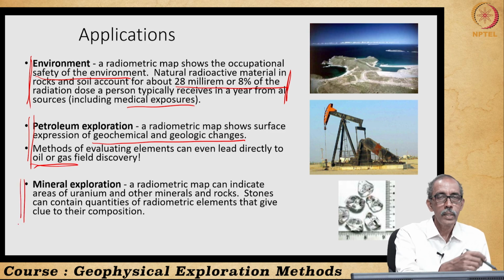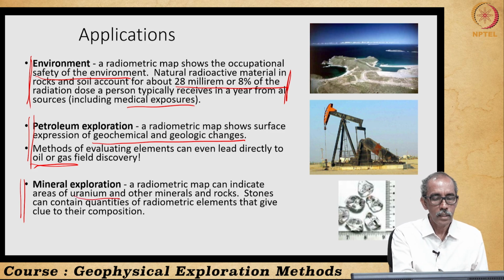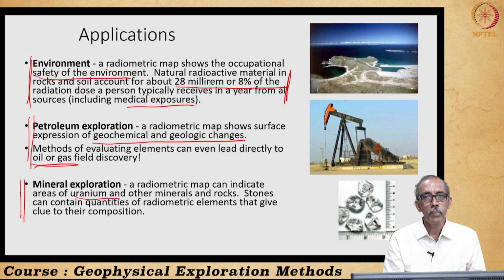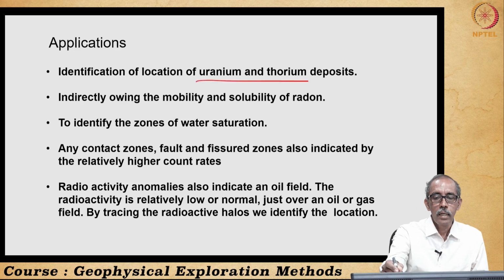Obviously, as we have been seeing right from the beginning, it is very much in use for radioactive mineral exploration, especially for uranium mineral exploration. And broad applications are mineral exploration.